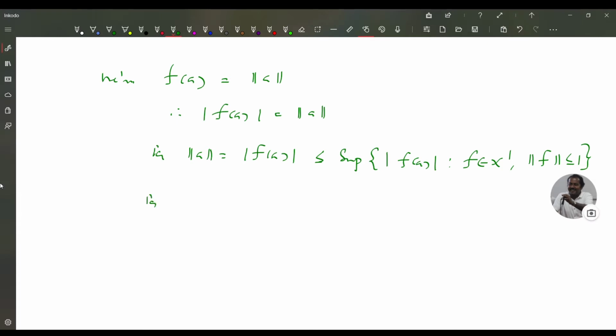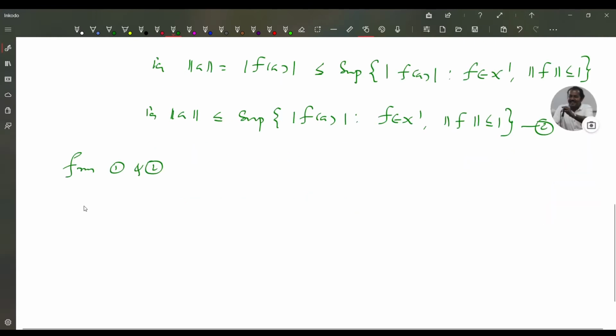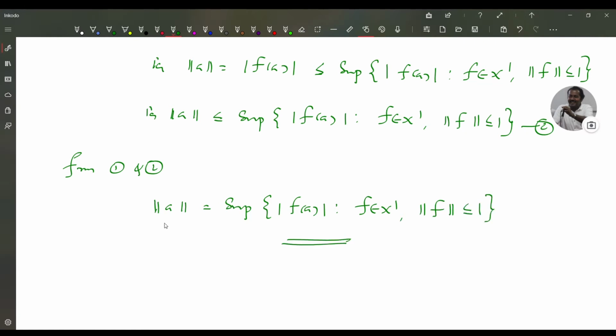That is, norm a is less than or equal to the supremum of modulus of f of a such that f belongs to X* and norm f is less than or equal to 1. This is equation 2. So from 1 and 2, norm a equals the supremum of modulus of f of a such that f belongs to X* and norm f is less than or equal to 1. So this proves part A.